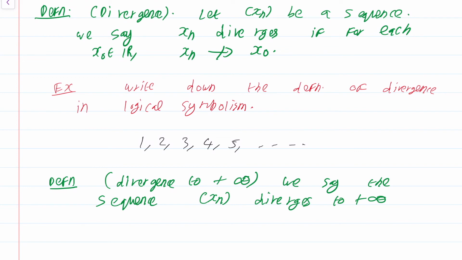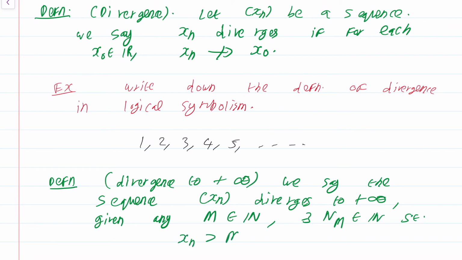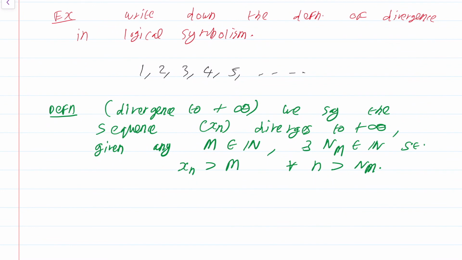So what we do is, given any M in the natural numbers, there exists n subscript M in the natural numbers such that xn is greater than M for all n greater than n subscript M. All this is saying is if you move sufficiently far away through the sequence, then the terms of the sequence will be larger than M, and this must be true for each M in N. No matter what fixed natural number I take, after some point in the sequence, the terms of the sequence will be greater than capital M.